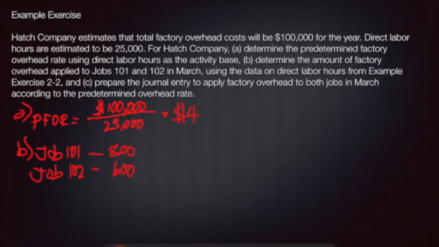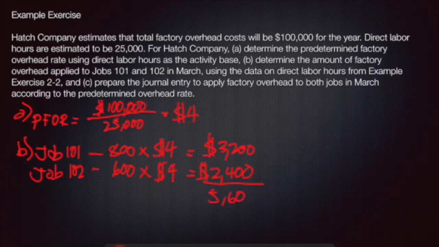We multiply both by the predetermined factory overhead rate of $4, which will give us, for job 101, $3,200, and for job 102, $2,400, a total of $5,600.